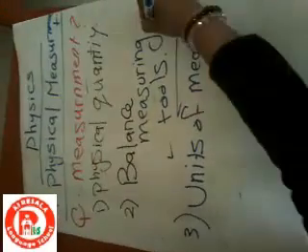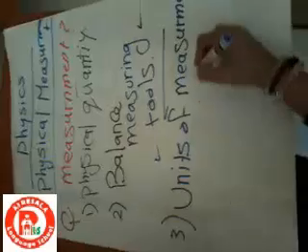These 3 factors are called in our book the elements necessary to measure anything. Number 1, physical quantity. Number 2, the suitable measuring tools. Number 3, units of measurement.